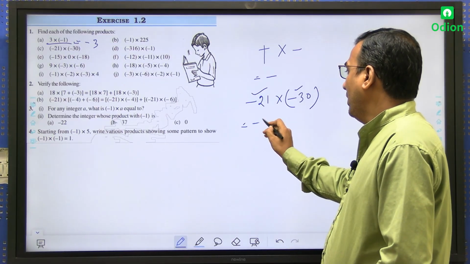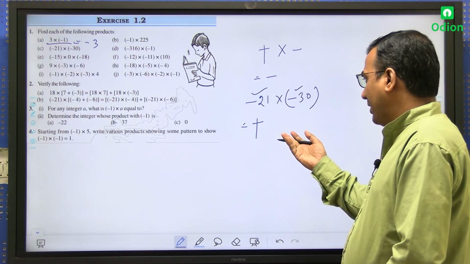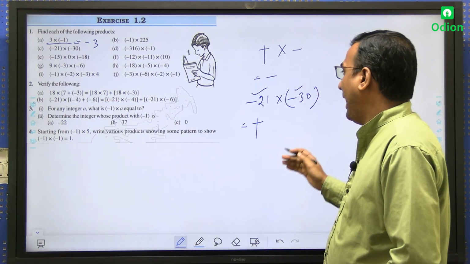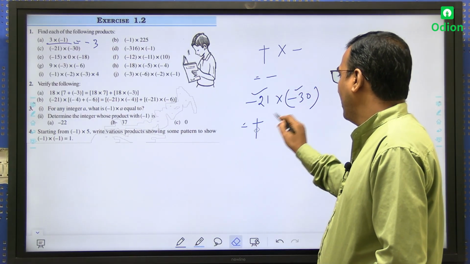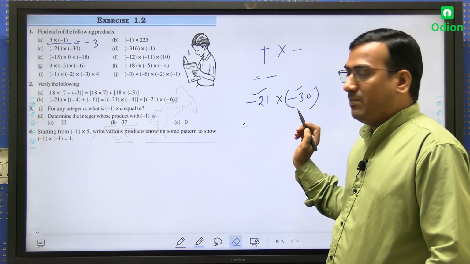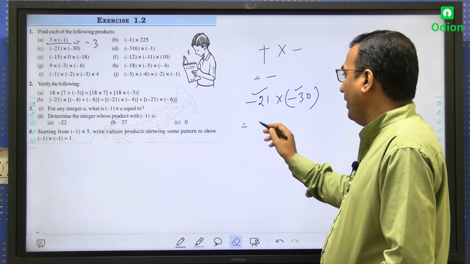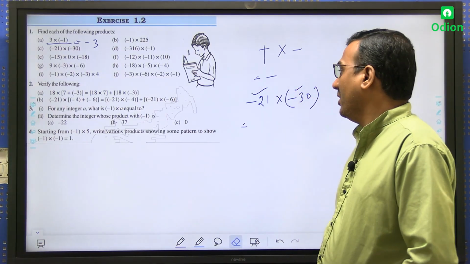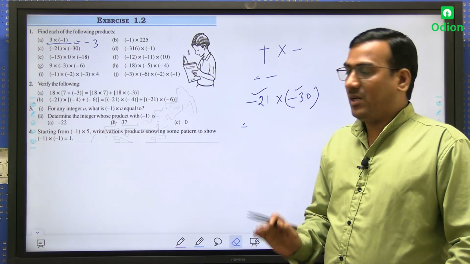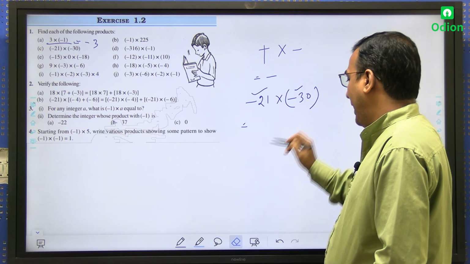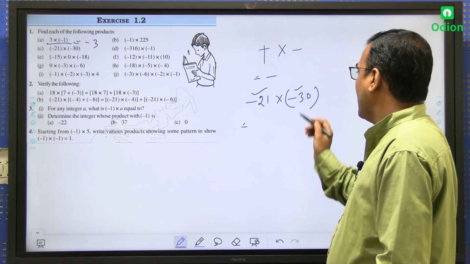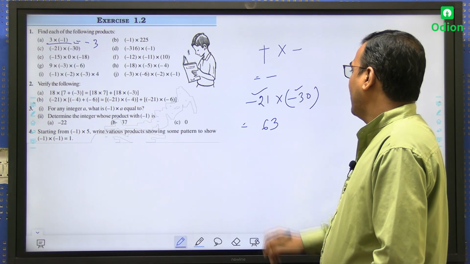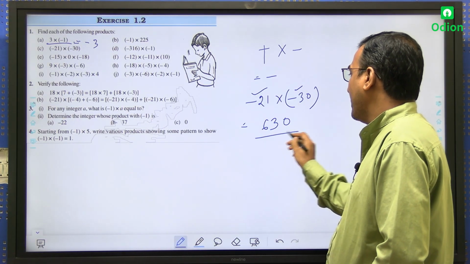Plus is generally not given in the answer; plus means no symbol. Okay, 21 and 30, you just have to multiply these two integers. The answer is 630.